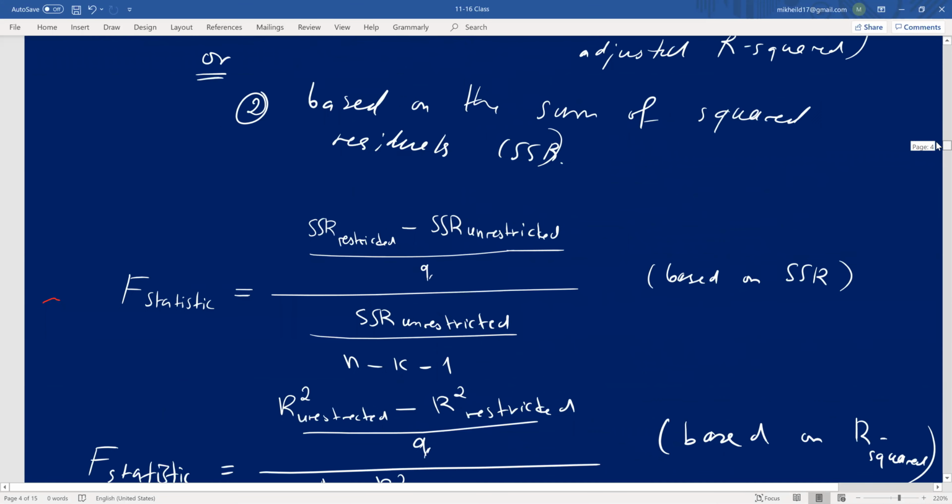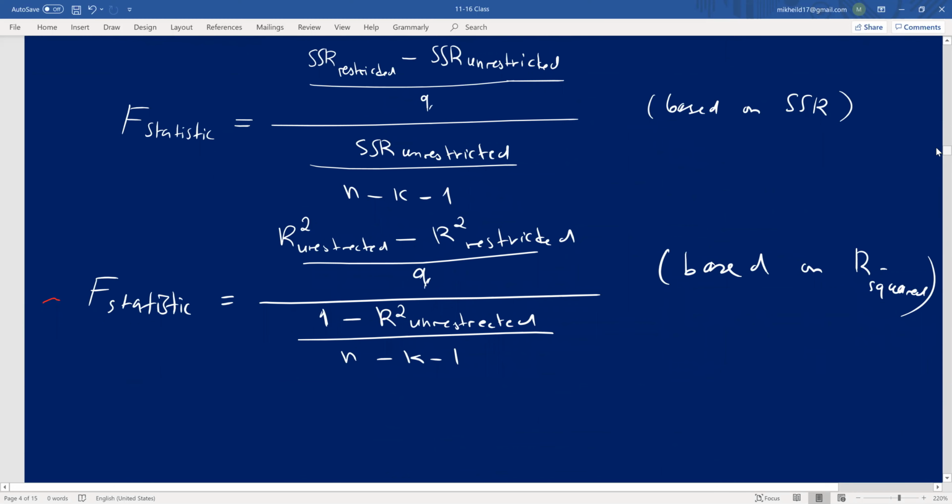Now I want to, first of all, we need to differentiate between the restricted and unrestricted models.